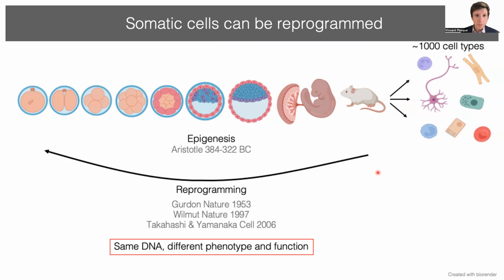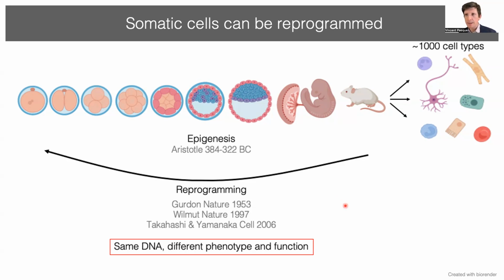And so these experiments really mean that you can go from one genotype to acquire multiple different phenotypes and cellular identities during development and reprogramming. And so how is it that one nucleus can adopt so many different cell states during development and reprogramming?